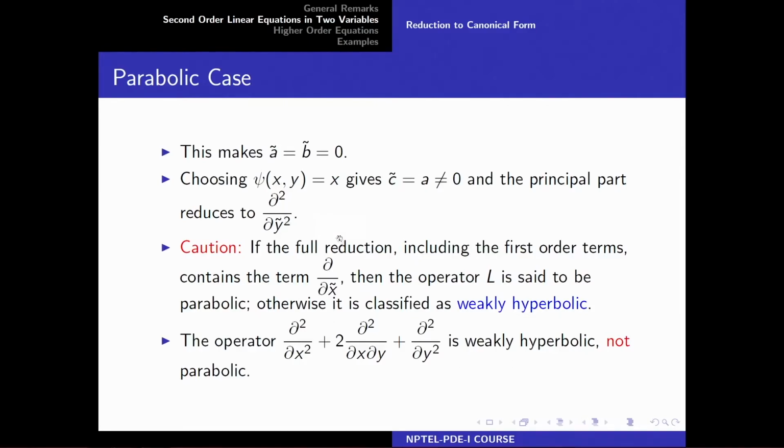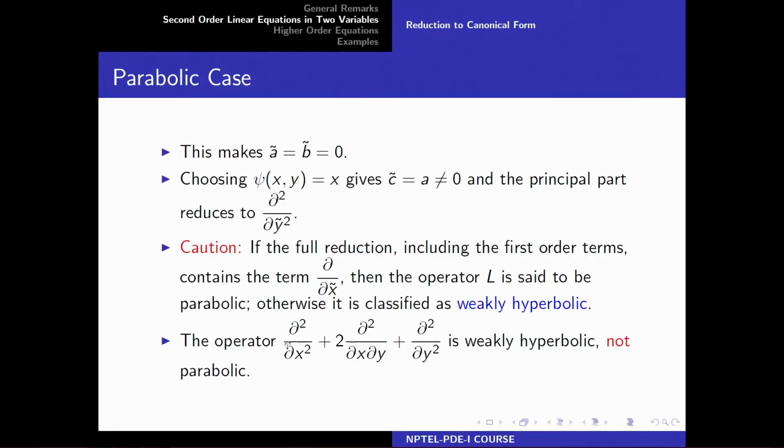And here is a classic example when that is not possible for a given differential equation. So, that means the full reduction will not contain this del by del x tilde term, then you call that as weakly hyperbolic. And here is a simple example, you take this operator, okay, second order, and so there is only one, here a c minus b square is 0.